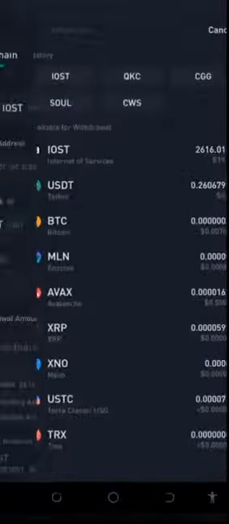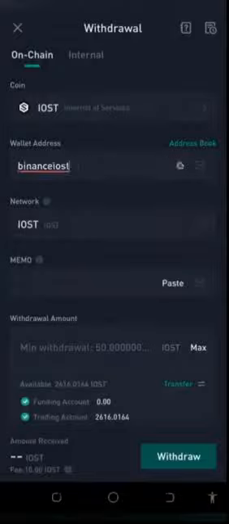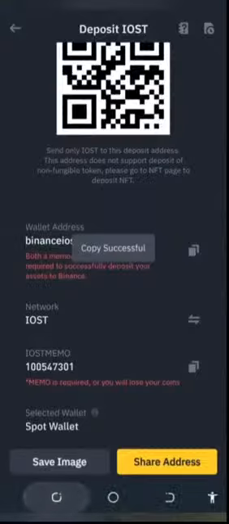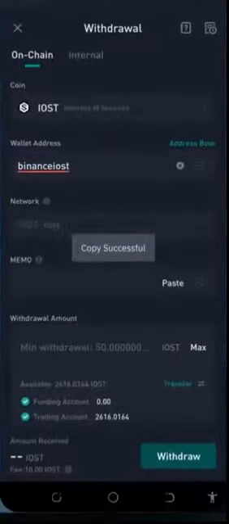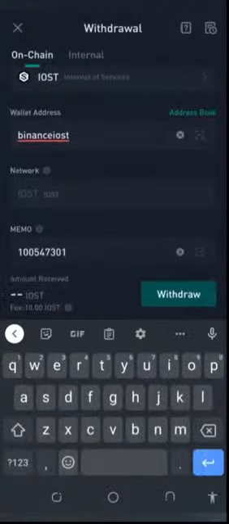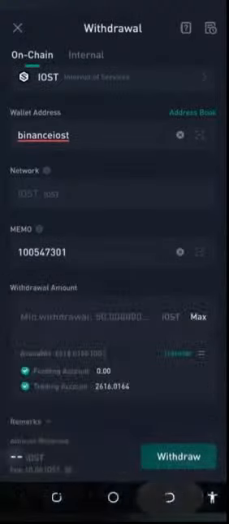Okay, what am I doing? Okay, it looks like it's right. Binance IOST. Okay, then we get the memo. Where's the memo? IOST memo. All right, so we get the memo. Get back in there, and we paste the memo. Good. So it looks like everything is going on well.